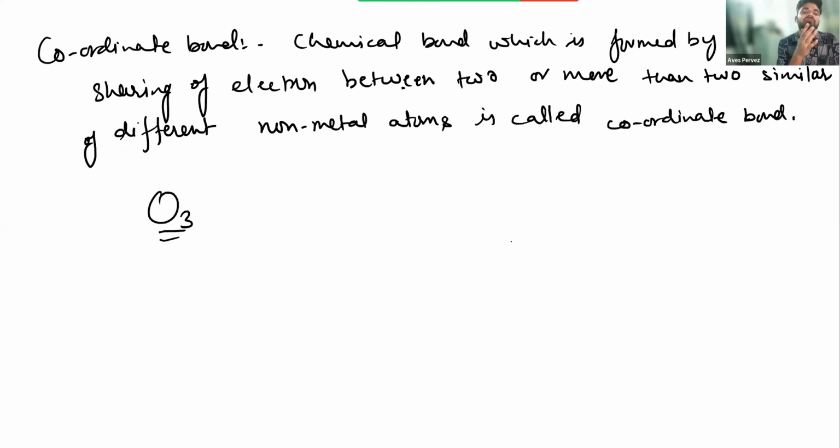Some elements can have more than 8 electrons, like sulfur and phosphorus, but the elements in the second period, beryllium, boron, carbon, nitrogen, oxygen, and fluorine, cannot have more than 8 electrons, especially nitrogen, oxygen, and fluorine.